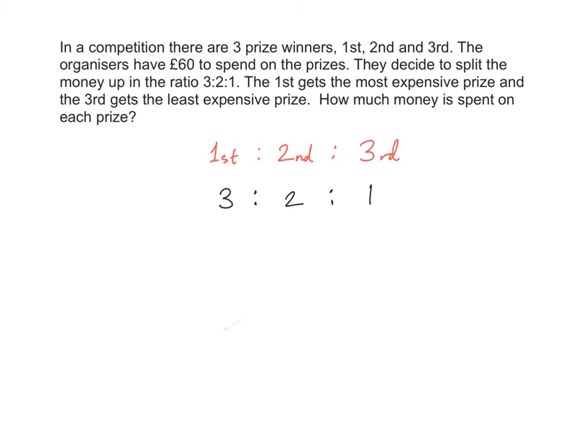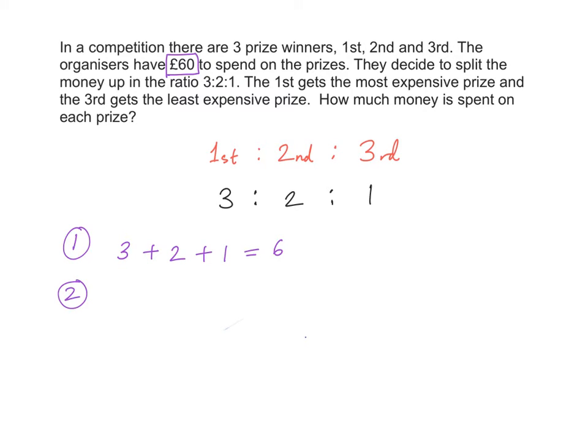Now remember, the thing that we clearly need to highlight here is that the total amount to be shared is £60. Now, step 1, what do I need to do? I need to add up the ratios, so 3 plus 2 plus 1, which is equal to 6.